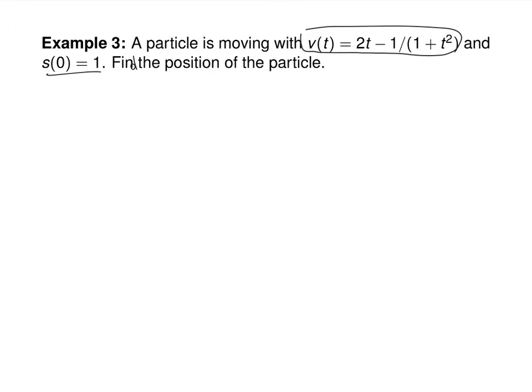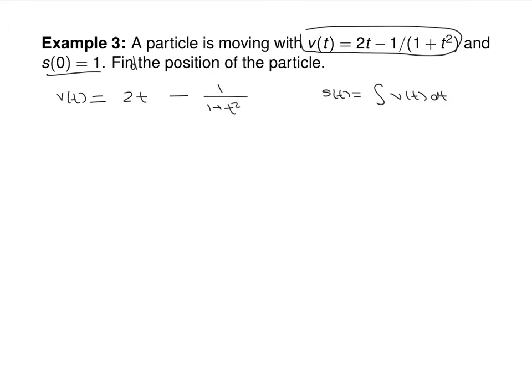So how do you go from velocity back to position? Take this integral, or find the antiderivative. With symbols you now know, you could say that s of t is equal to the antiderivative of v of t, plus a constant c.